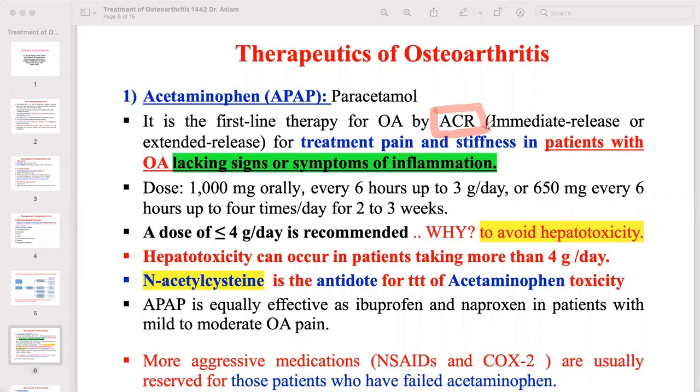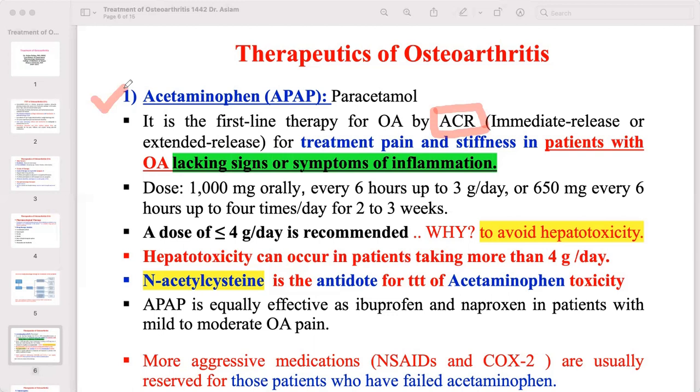They recommend acetaminophen as the first line therapy for osteoarthritis, and this acetaminophen is available as immediate release or extended release formulations for the treatment of pain and stiffness in patients with osteoarthritis lacking signs or symptoms of inflammation.